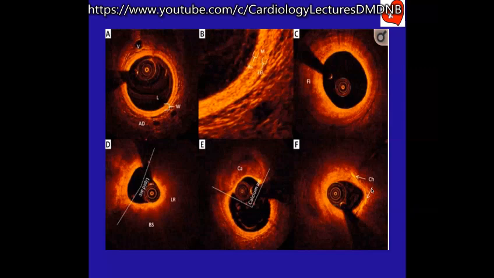Okay. The speed is approximately 1.8 to 3.6 centimeter per second, and it takes the images in cross section, and longitudinal images are taken. So if you put a wire catheter and just pull it out, it will take an image. So, over the wire. Over the wire only, I'm telling.